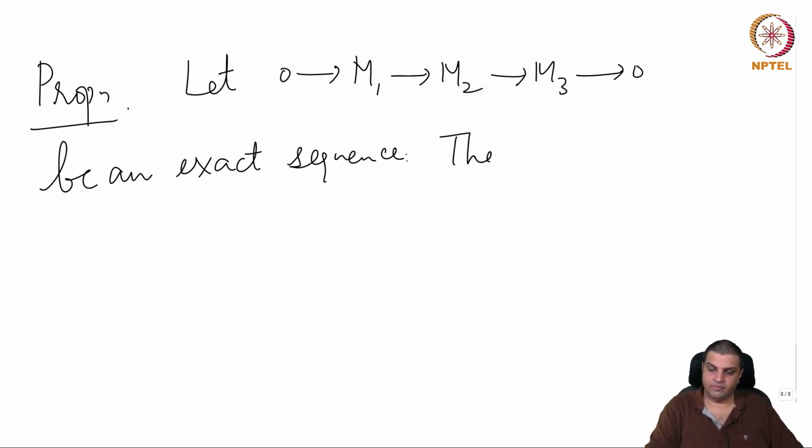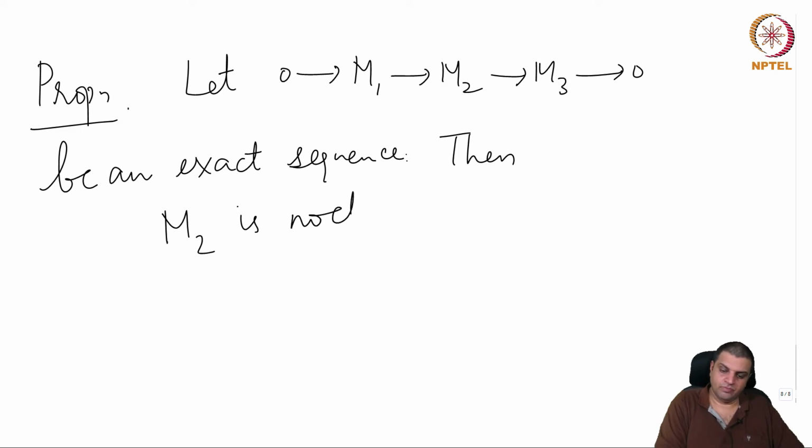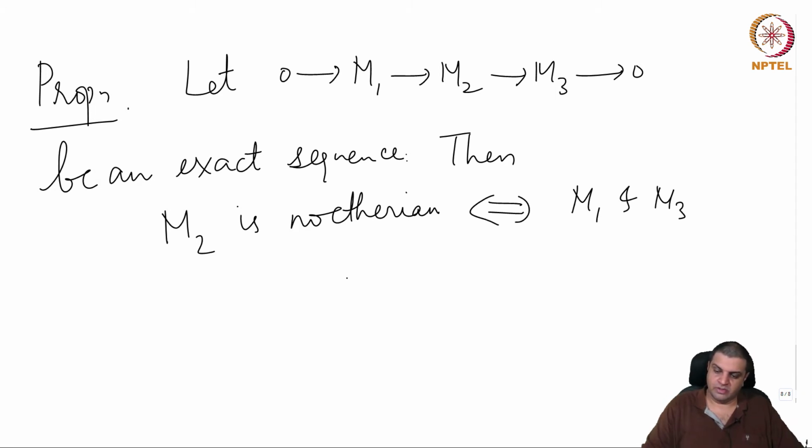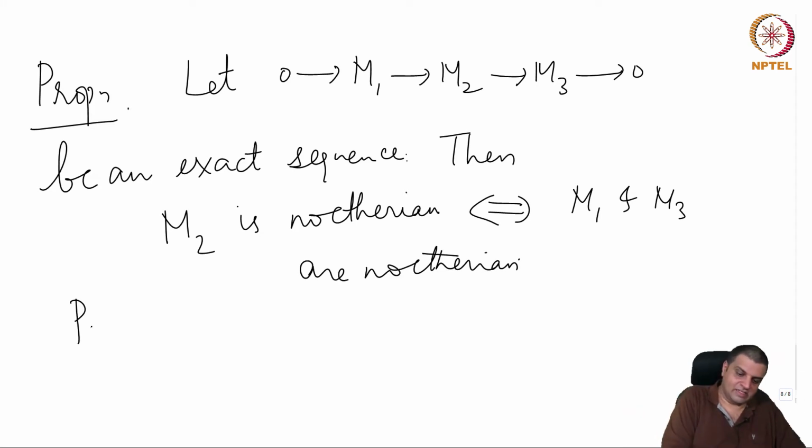Then M2 is Noetherian if and only if M1 and M3 are Noetherian. Okay, the proof is an exercise, not very difficult.